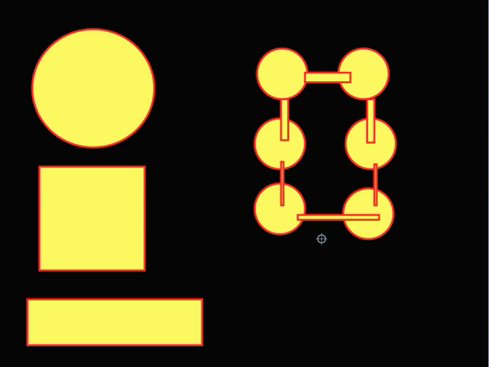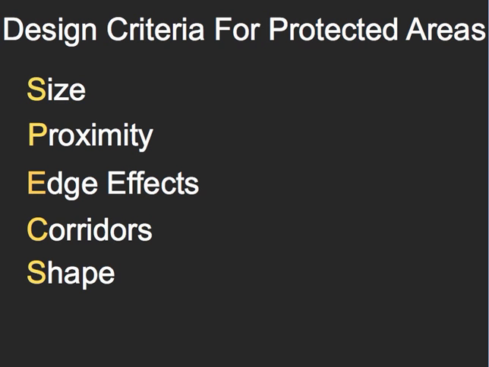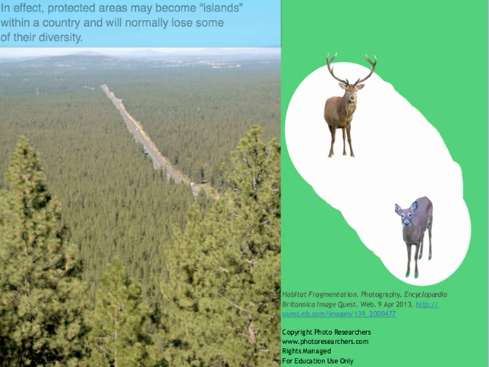Given the inevitable habitat fragmentation that does occur, it's important to have protected areas within close proximity of each other and to have corridors established to allow for the passage of wildlife from one protected area to another.